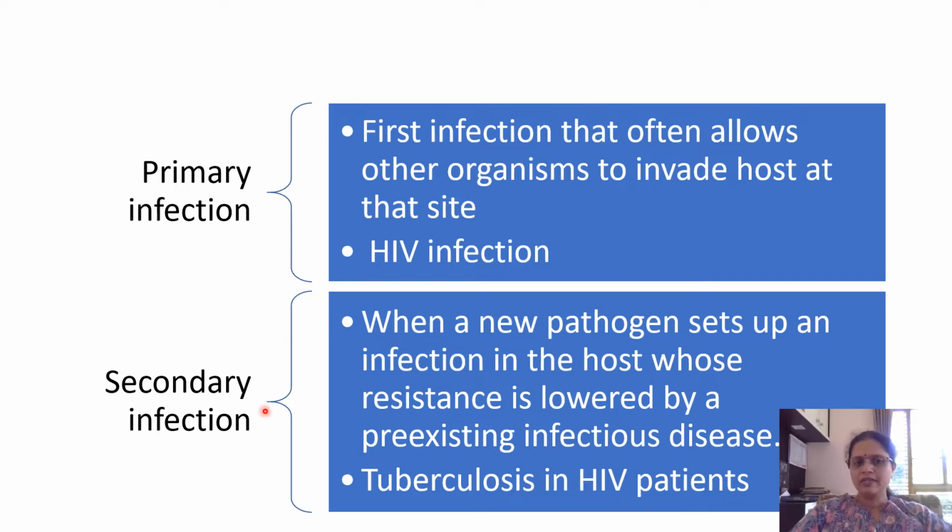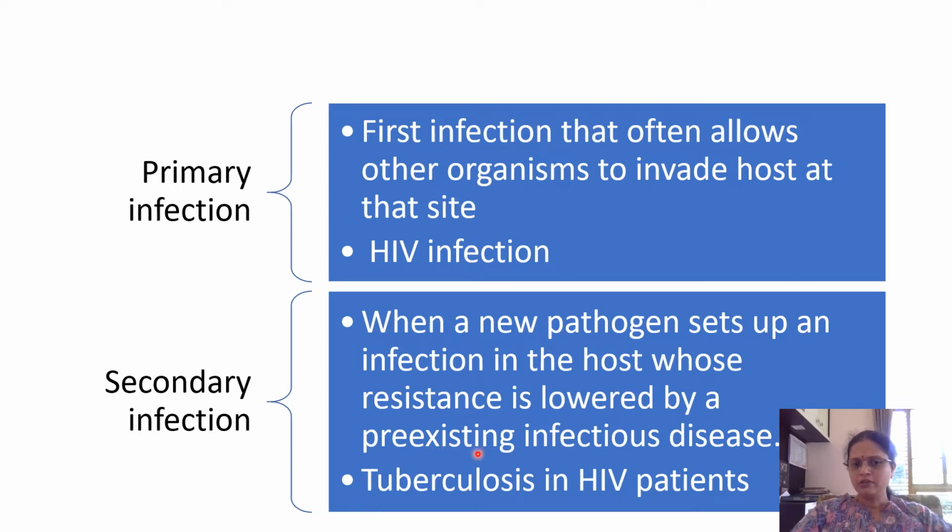Fine. Now, what is a secondary infection? When a new pathogen sets up an infection in a host whose resistance is lowered by a pre-existing infectious disease. As I said, because of HIV infection, the host resistance has been affected. And in that condition, a new organism enters inside and starts attacking the body. Here, I have just mentioned one example, tuberculosis disease.